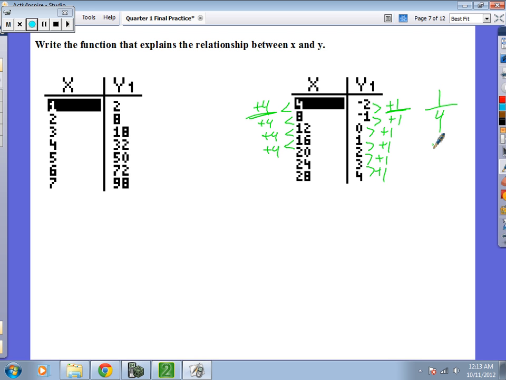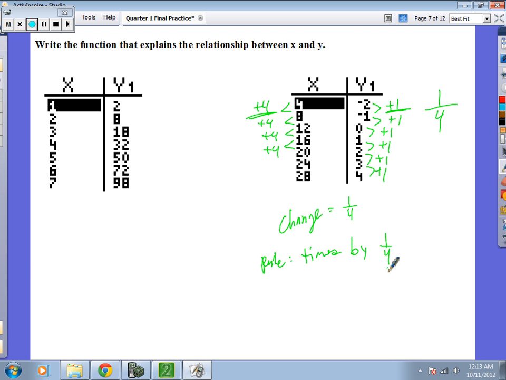You made 25 cents an hour. So your change is 1/4. So here's your rule. You're going to times by 1/4. And that actually is the same thing as dividing by 4.